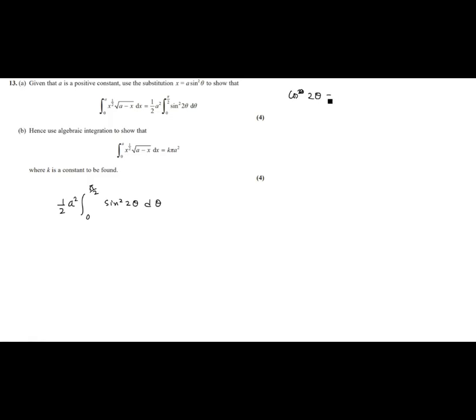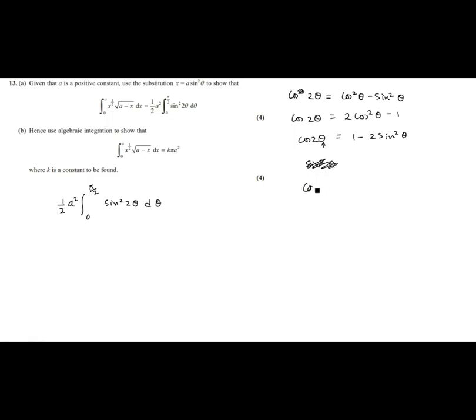2 theta is basically, there are three different forms of it: cos square theta minus sine square theta, or 2 cos square theta minus 1, or 1 minus 2 sine square theta. So they all are equal to cos 2 theta. Now if you make sine square theta the subject from here, this is sine square 2 theta, so if we replace theta as 2 theta here, then let me do that.